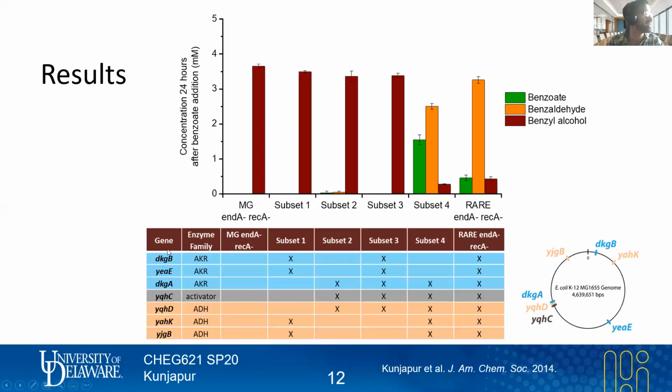This is a table that just shows the different genes in rows, and I've separated the AKRs and the ADHs. And so we can knock out a couple from each category. We can take out just the operon that I talked about. We can take out the operon plus all the AKRs, operon plus all the ADHs, or the whole combination in our shortlist.